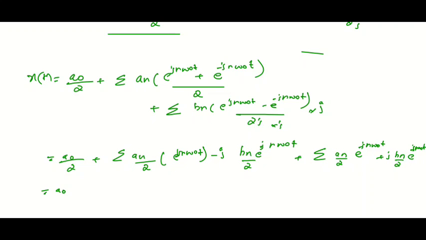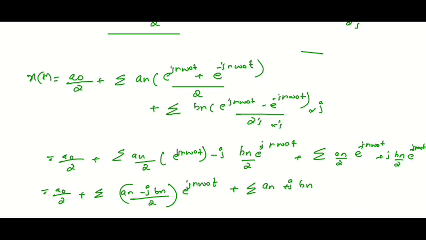So from here, a 0 by 2 sigma a n divided by 2 into, we will take e raised to j n omega 0 t outside, it will be a n minus j b n divided by 2 into e raised to j n omega 0 t plus sigma a n plus j b n divided by 2 into e raised to minus j n omega 0 t.